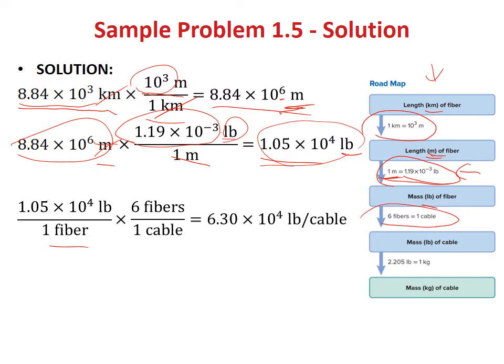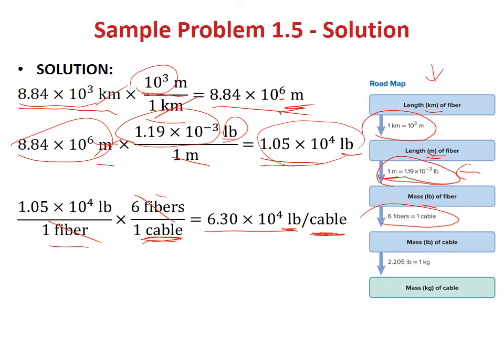So we can write 1 cable per 6 fiber, so that we cancel fiber and give the unit per cable. So that means every cable should weigh 6.3 times 10 to the fourth power pound. Okay, so that's the weight, but in pound.